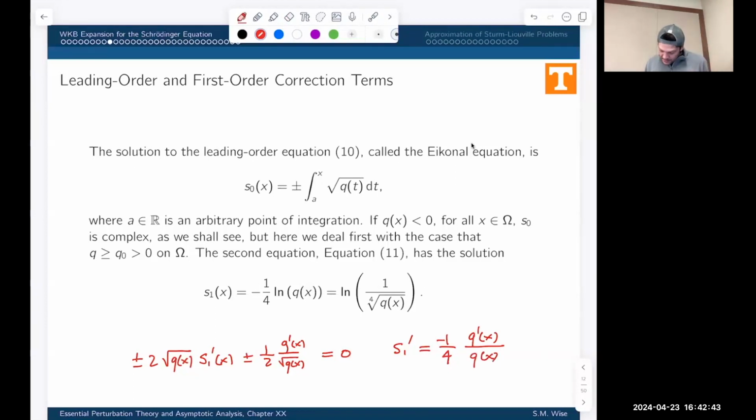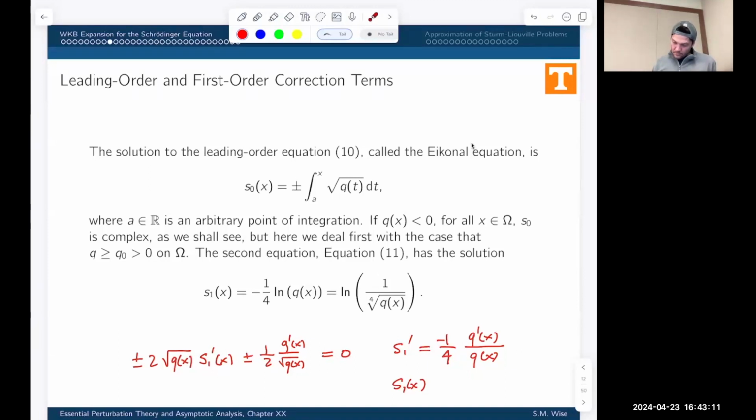Now S1 should be equal to, well, of course, we see that this is just the derivative of the natural log of q, this term here, and that's where the minus 1/4 comes from, okay? Where does the constant of integration go, though?